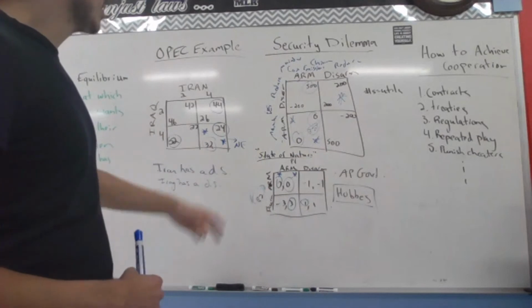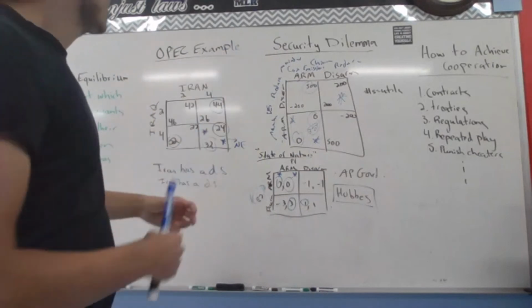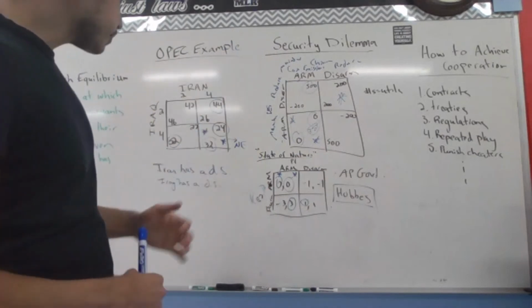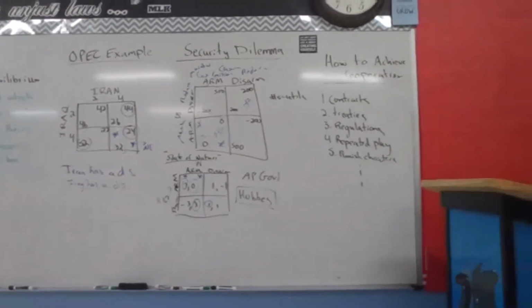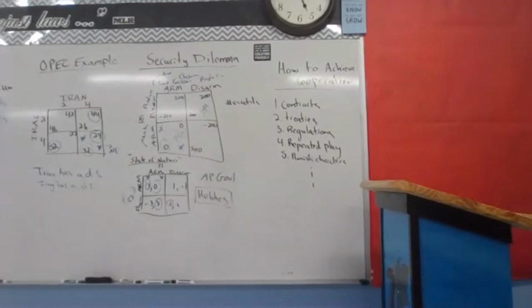This idea of a social contract between people and the state. But nonetheless, Hobbes provides us with an interesting segue into thinking about how to achieve cooperation in this prisoner's dilemma type of situation.